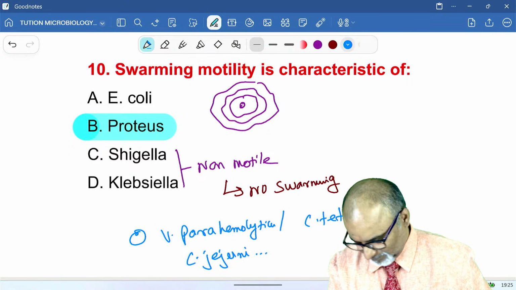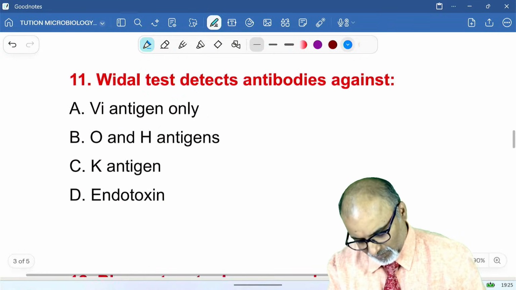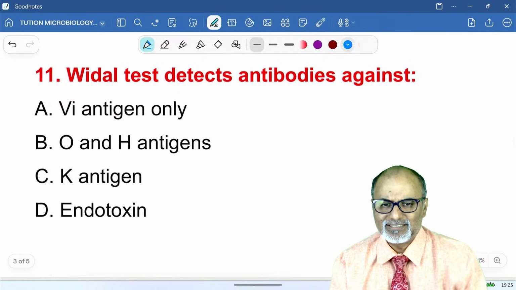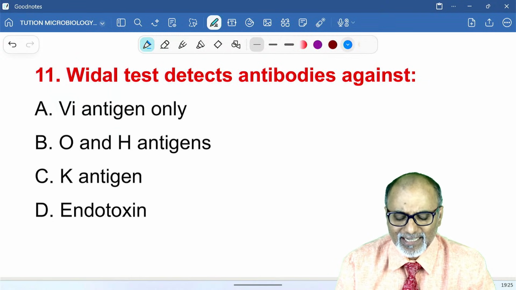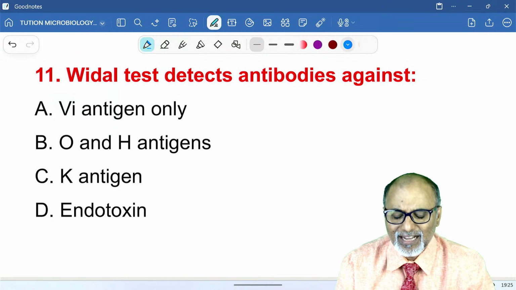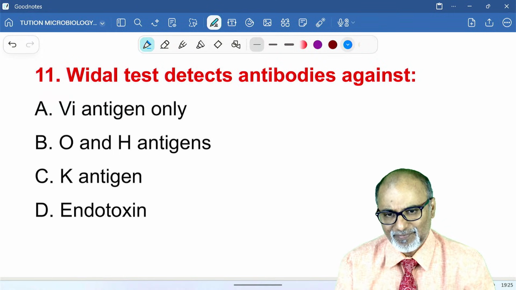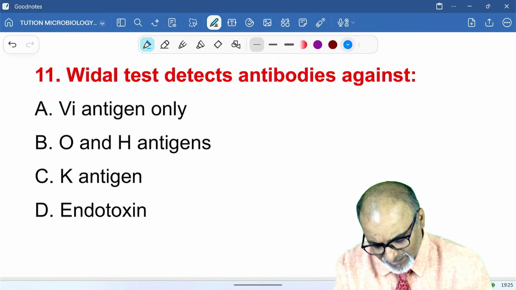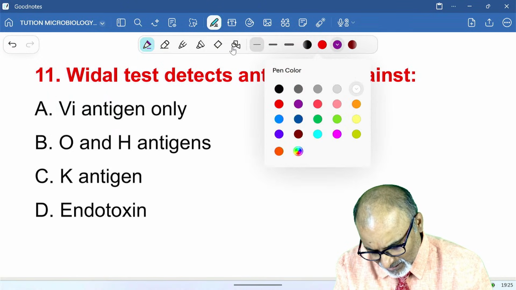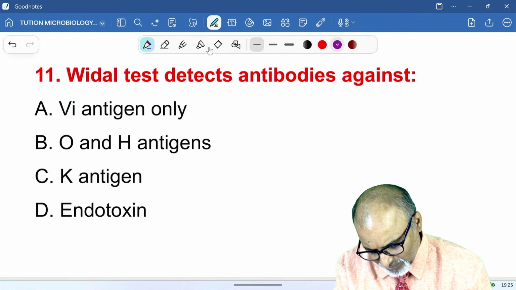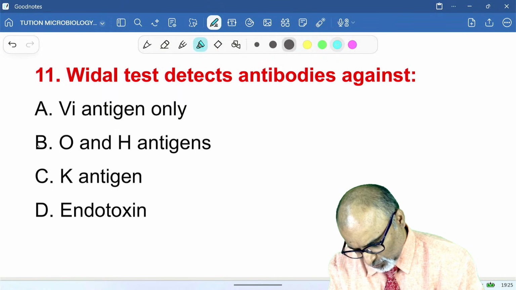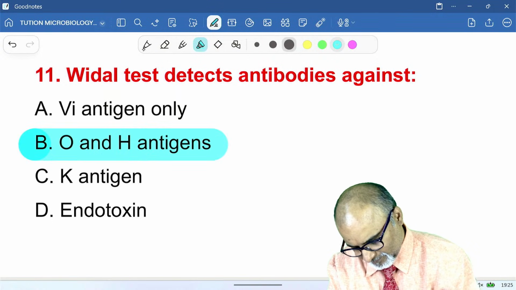Next is the Vidal test. Detect antibodies against? The Vidal test is an agglutination test to diagnose typhoid fever, enteric fever, in the second week of illness. We are finding antibodies against O and H antigens.